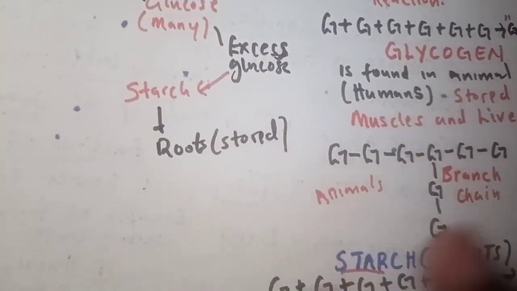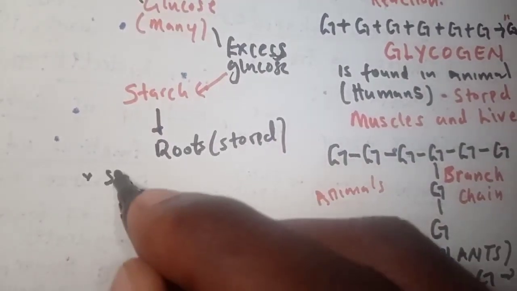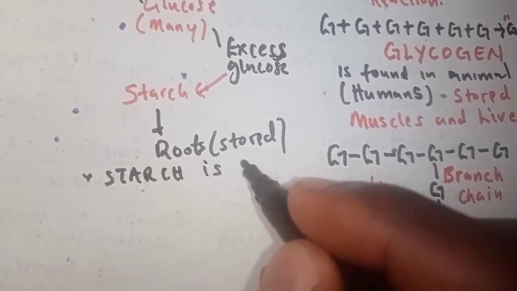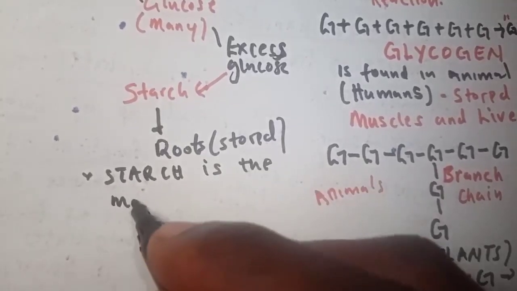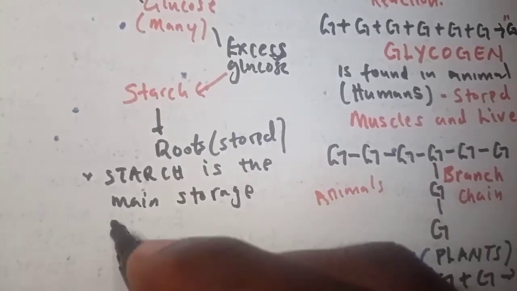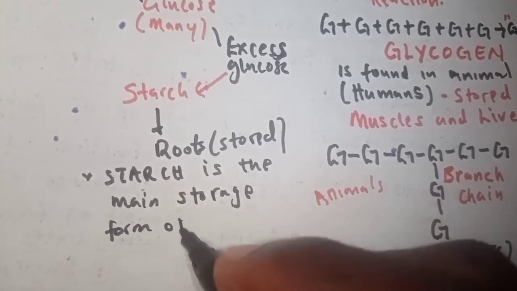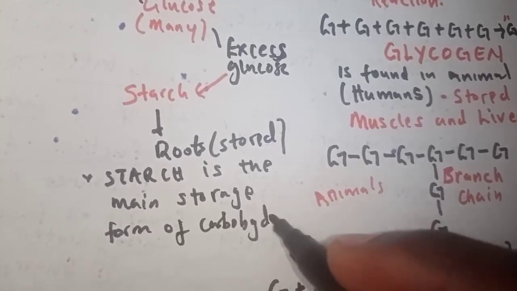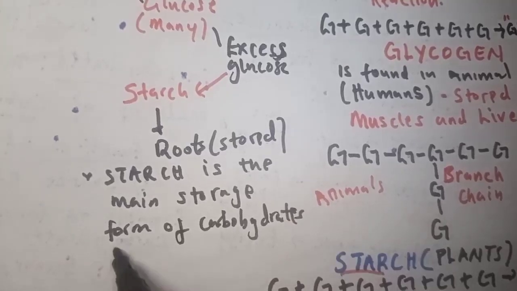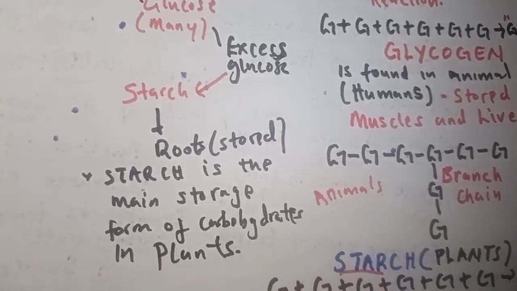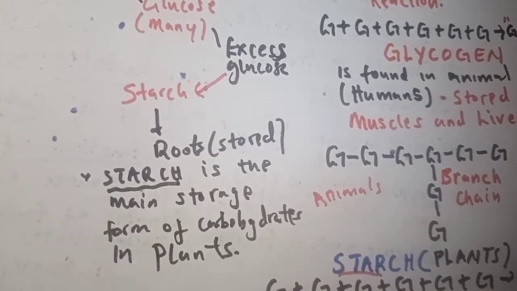So we can say that starch is the main storage form of carbohydrates in plants.